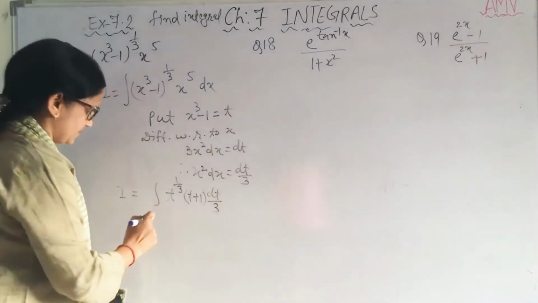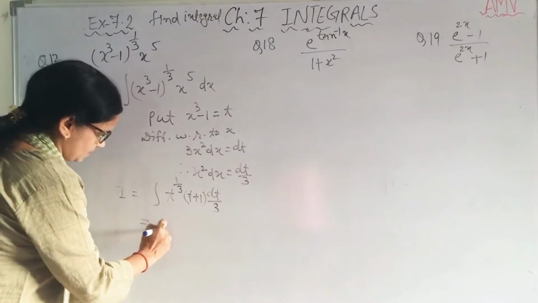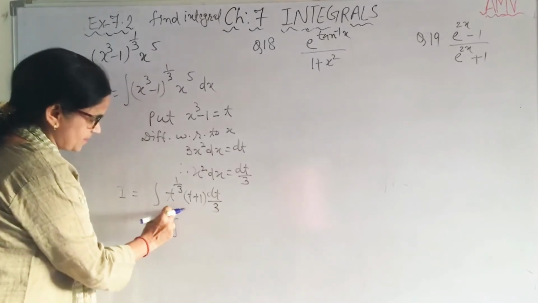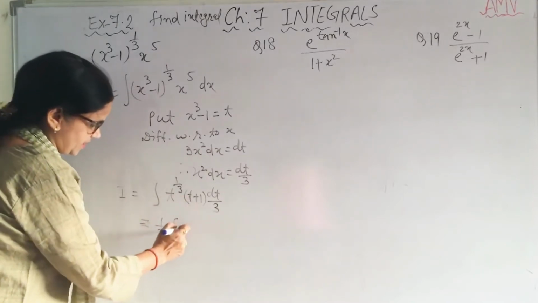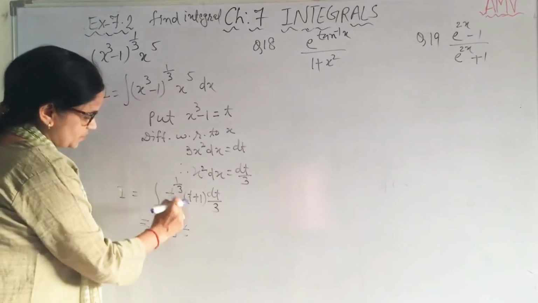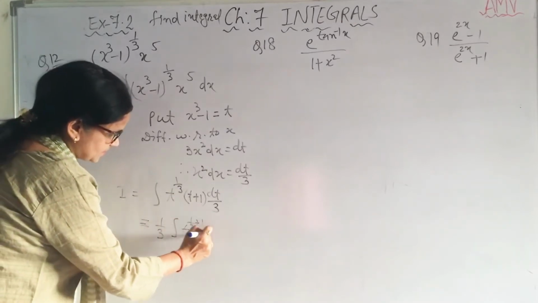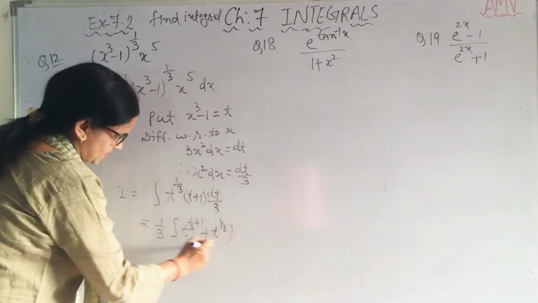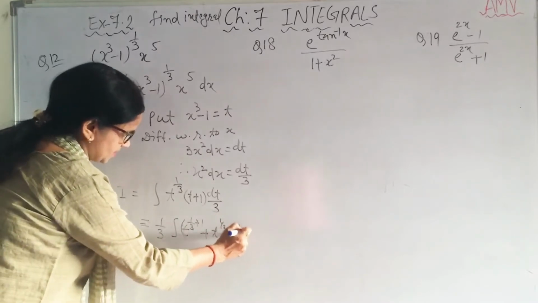So you have 1 by 3, multiply t raised to 1 by 3 with the bracket: t raised to 1 by 3 plus 1, plus t raised to 1 by 3, dt.